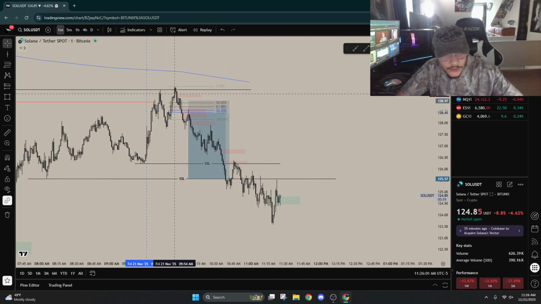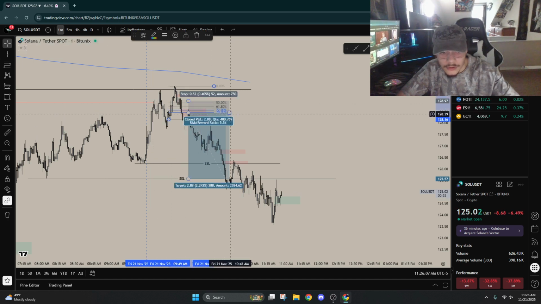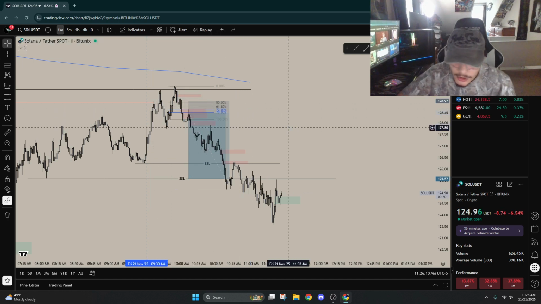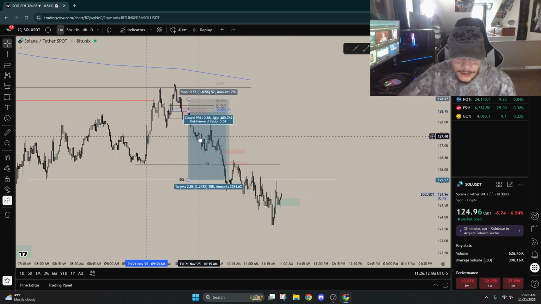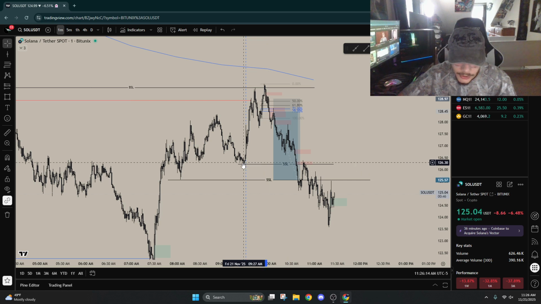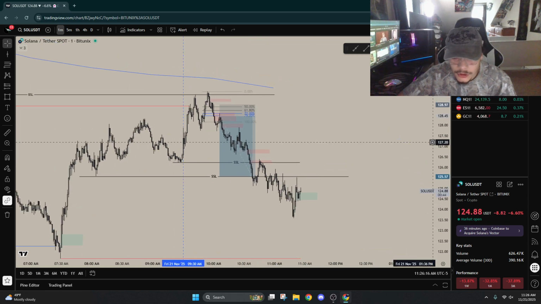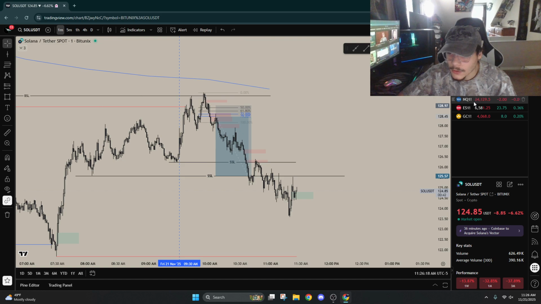You get a 1 minute inverse fair value gap. You get a change of state and delivery, 79% extension, pullback, and that was literally a textbook trade on Sol too. Like right here, targeting this intermediate sell side and this sell side. Such a beautiful trade. Didn't take it though.